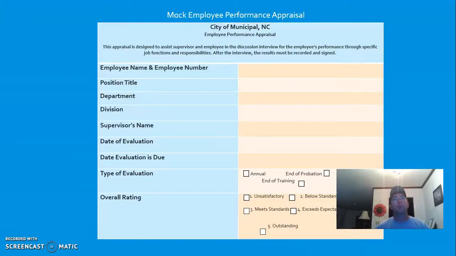So this is the mock employee performance appraisal. There are a few important aspects of this first page.